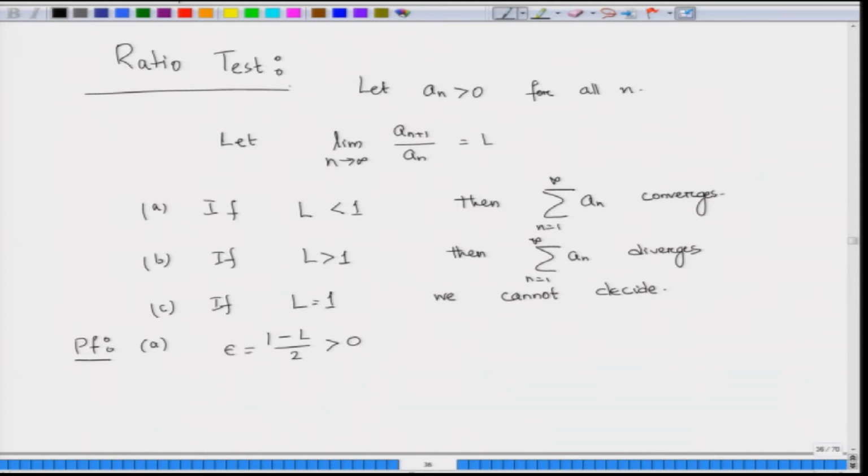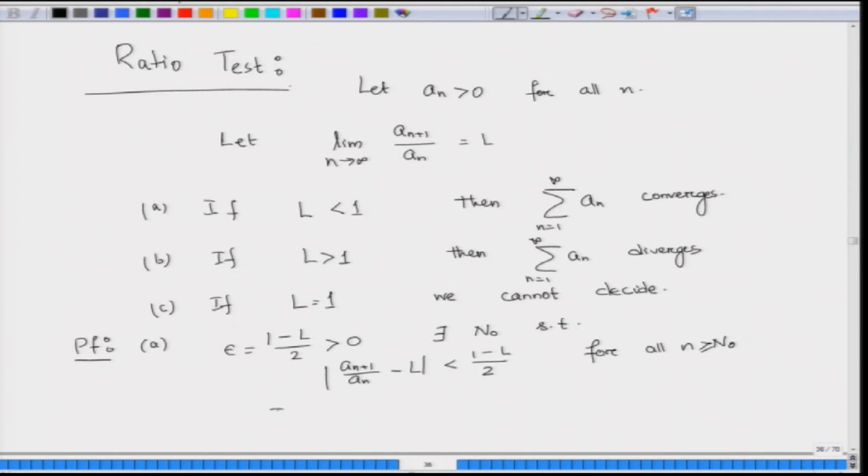The limit of a n plus 1 by a n is equal to L. Therefore, for this epsilon there exists n sub naught such that the modulus of a n plus 1 by a n minus L is less than (1 minus L) by 2 for all n greater or equal to n sub naught, by the definition of limit.